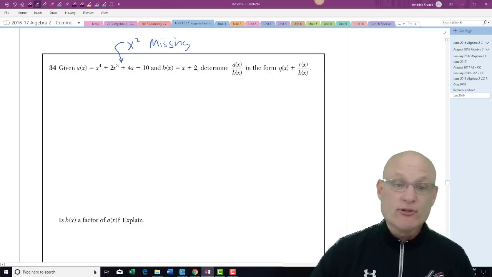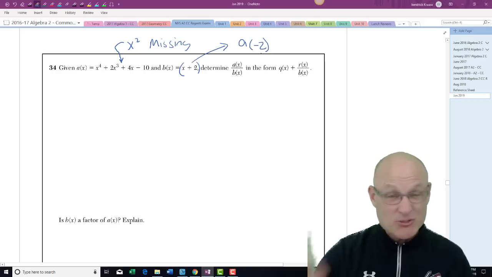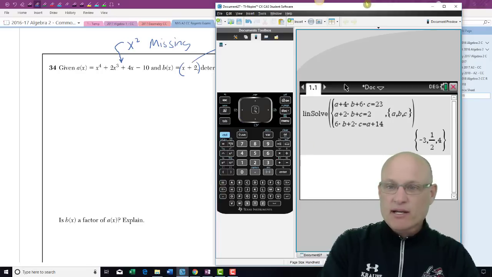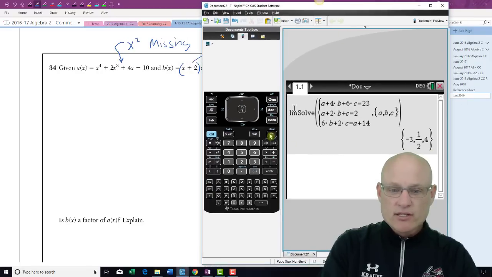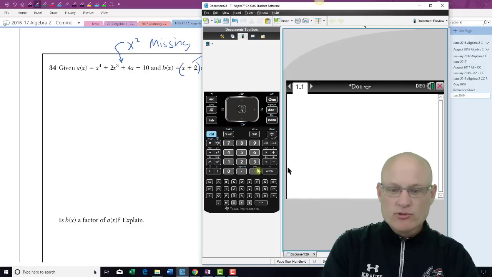Now, before I even do this, if it's x plus 2, by the remainder theorem, I can check a of -2 to see what my remainder is going to be. And that's what I'm going to do. And actually, if you look at it, it's part of part B. So I'm going to figure out what a of -2 is. So I'm going to take my calculator. -2, I'm going to store it into x.